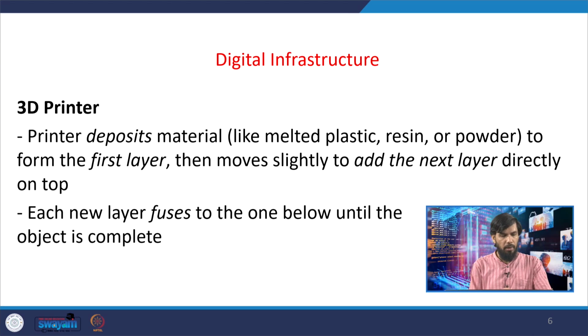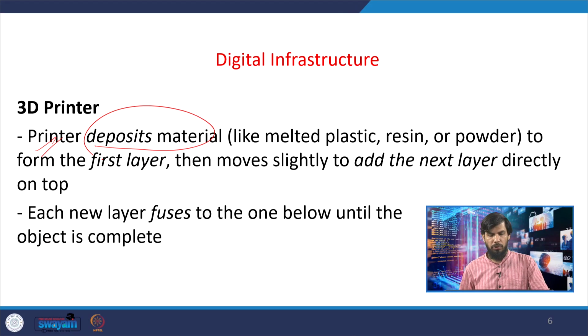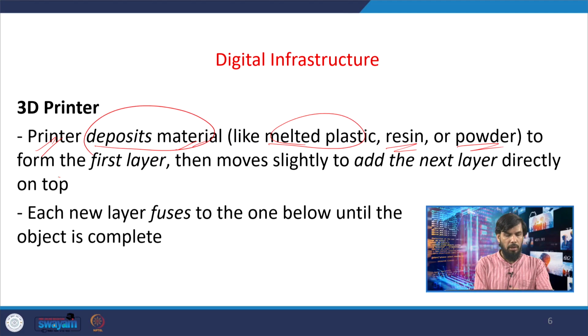Then the next step would be that the printer would deposit material. The number of options depends on the kind of 3D printer that you have. It deposits material like melted plastic, resin or powder. So different kinds of materials can be used, and this deposit will be done by the printer to form the first layer we have already created using the slicer program.